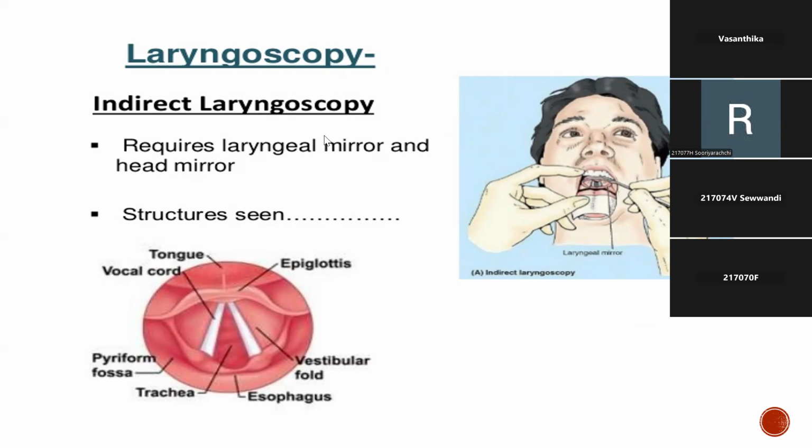Indirect laryngoscopy means you use a laryngeal mirror and some sort of light source which reflects onto the laryngeal mirror.